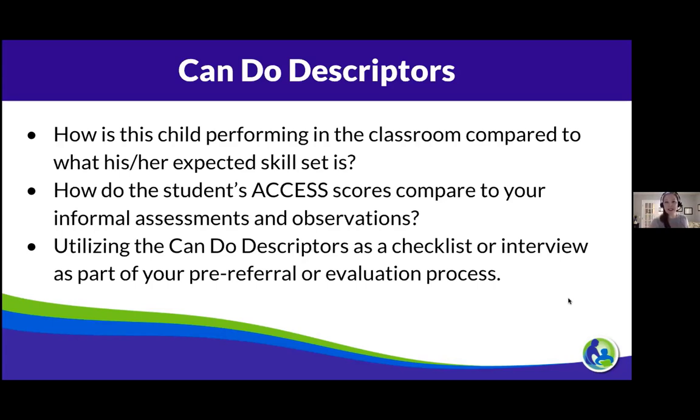And many teams, especially when they're looking at things like attention and behavior, find it helpful to say, this is his capacity. This is his ability. He showed in testing that he can do these things. But when we go into the perfect storm of a classroom, he is not able to achieve this. So what is happening within that environment that's keeping Joey from reaching his potential or his ability?